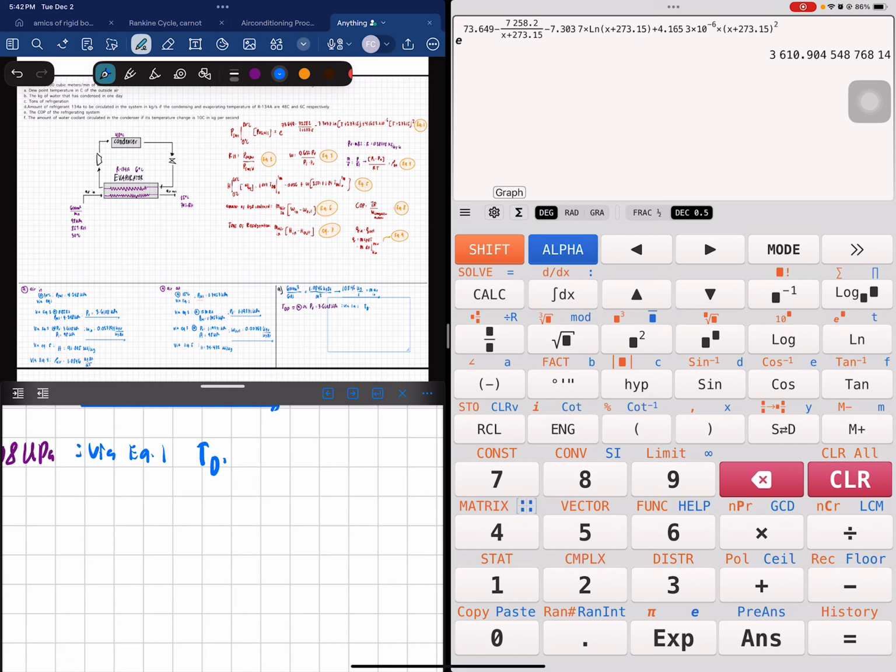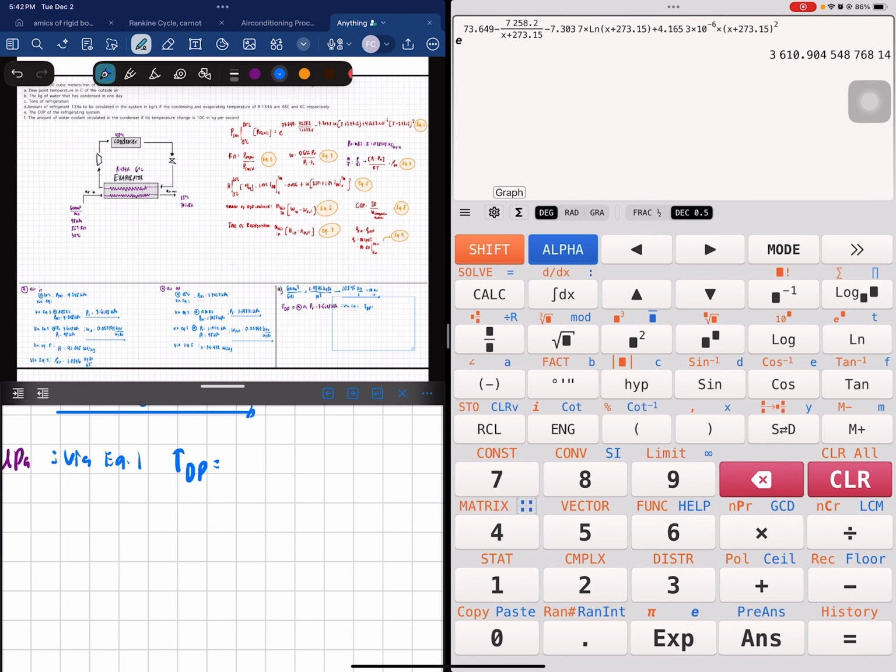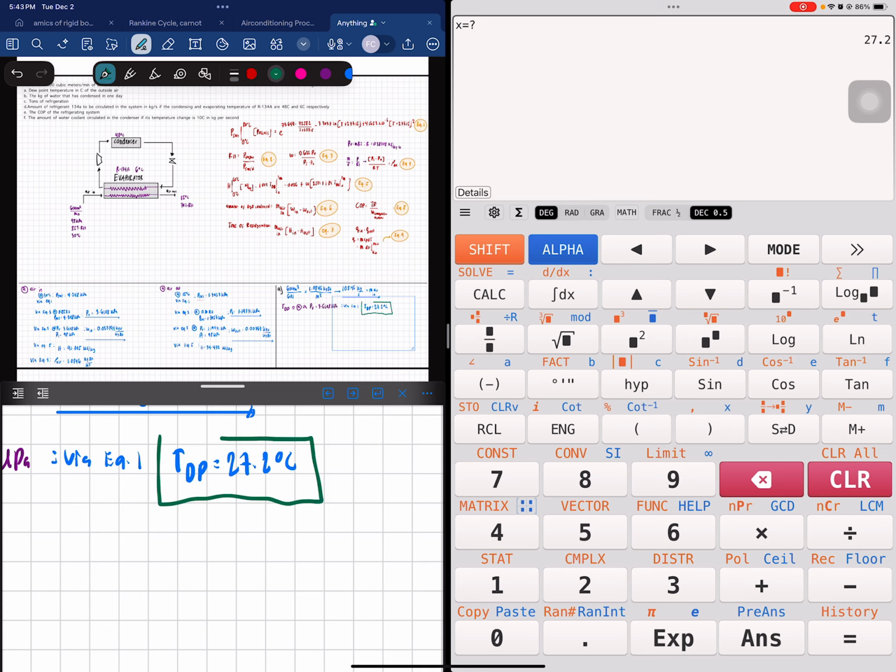Via trial and error, the dew point temperature is around 27.2 degrees Celsius, okay?